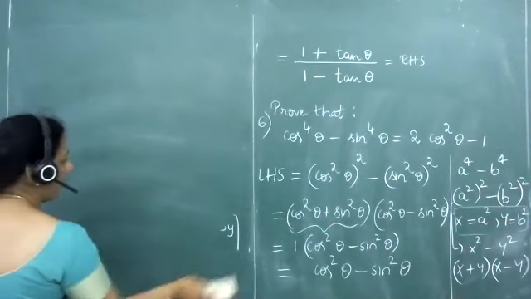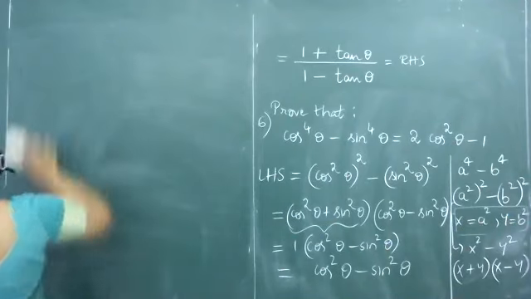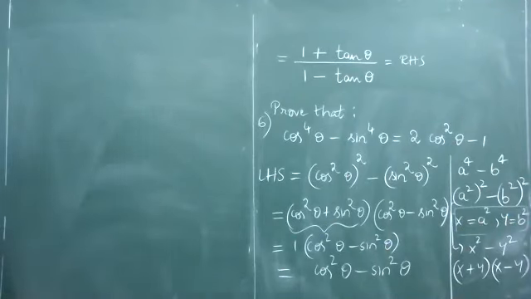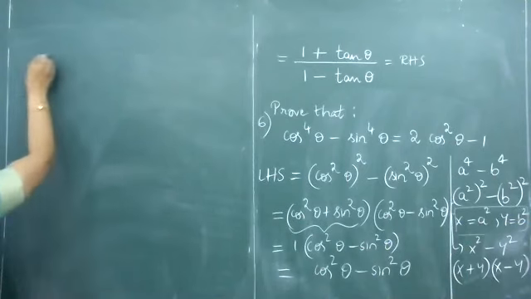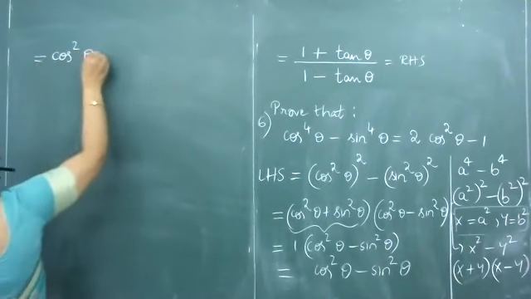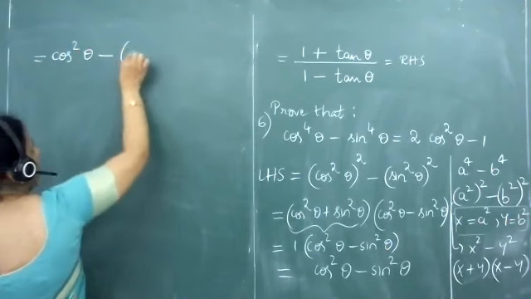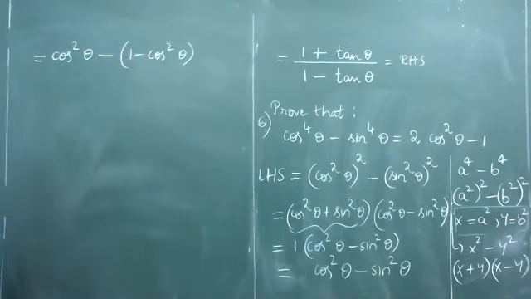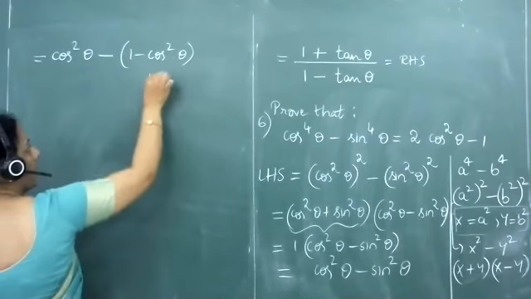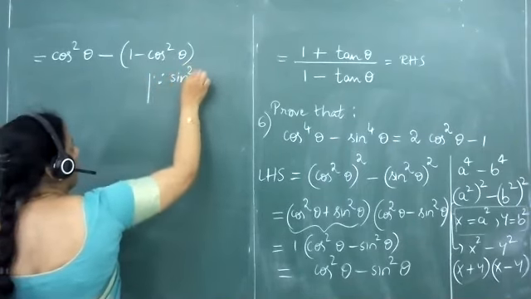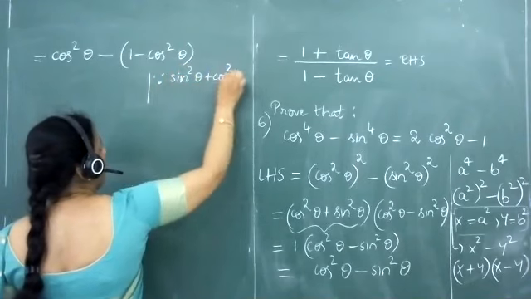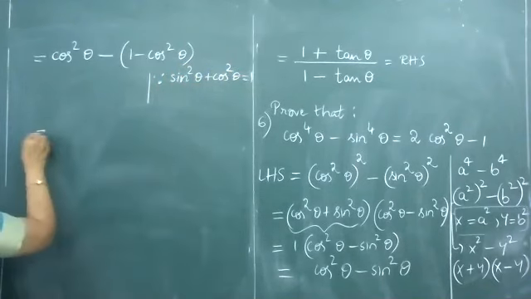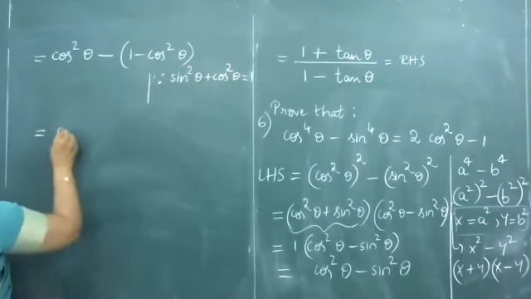And to eliminate, we have only one option, which is to use trigonometric identity. So, cos squared theta will be retained as it is. Sin squared theta will be taken as 1 minus cos squared theta. And this is because we have sin squared theta plus cos squared theta as equal to 1. Now we shall simplify by removing the brackets.